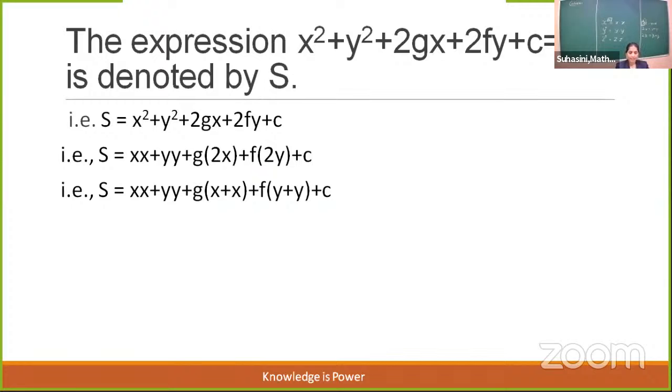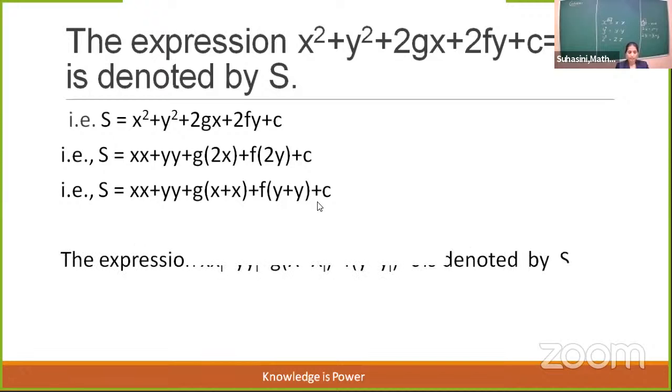Now, x into x plus y into y is as it is. Look at the third term, children. Plus g into 2x, which is written as x plus x. And 2y is written as y plus y plus c. The expression x x_i plus y y_i plus g into (x plus x_i) plus f into (y plus y_i) plus c is denoted by S_i.